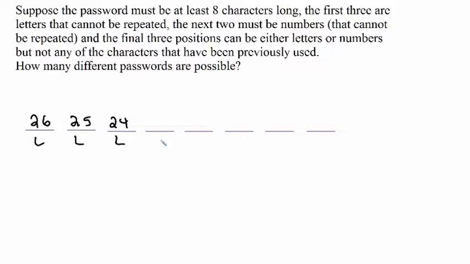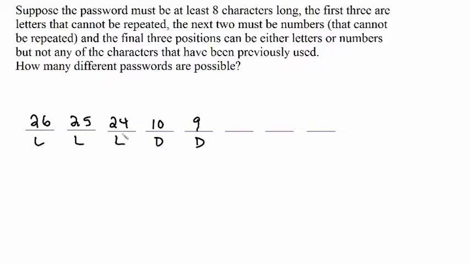The next 2 positions must be numbers or digits, and those cannot be repeated. There are 10 digits, so I have 10 choices for the first digit, but since I can't repeat, I have only 9 choices remaining. The last 3 positions can either be letters or numbers, but nothing that has been previously used.